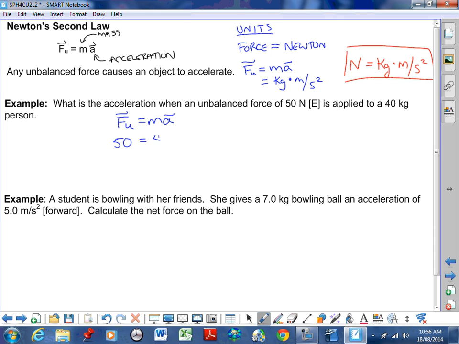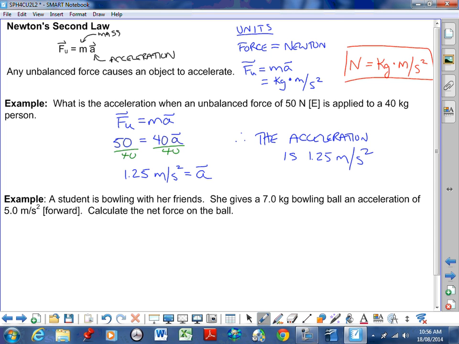It's a 40 kilogram person, and we're looking for acceleration. Going back to grade 9 math, we have to get acceleration by itself. We divide both sides by 40, and we get 1.25 meters per second squared. So therefore, the acceleration is 1.25 meters per second squared.